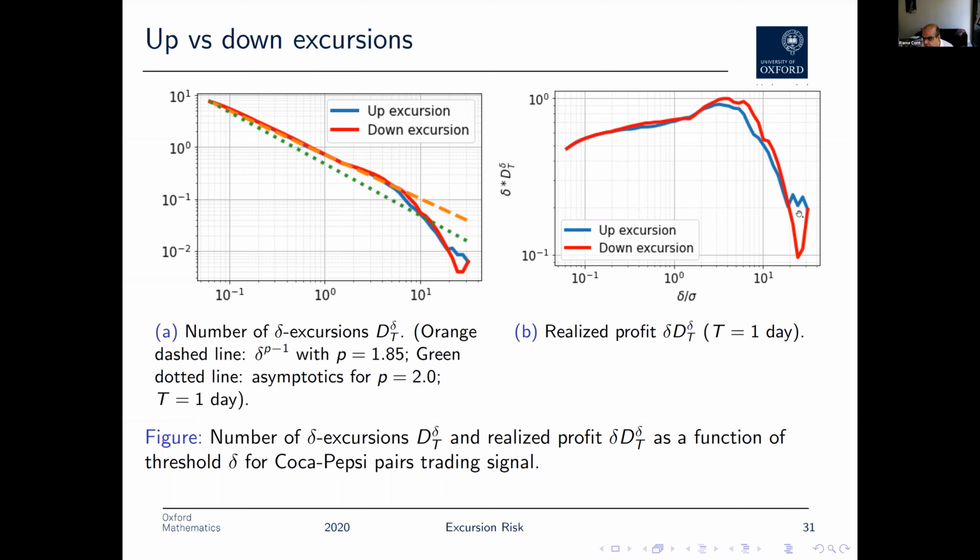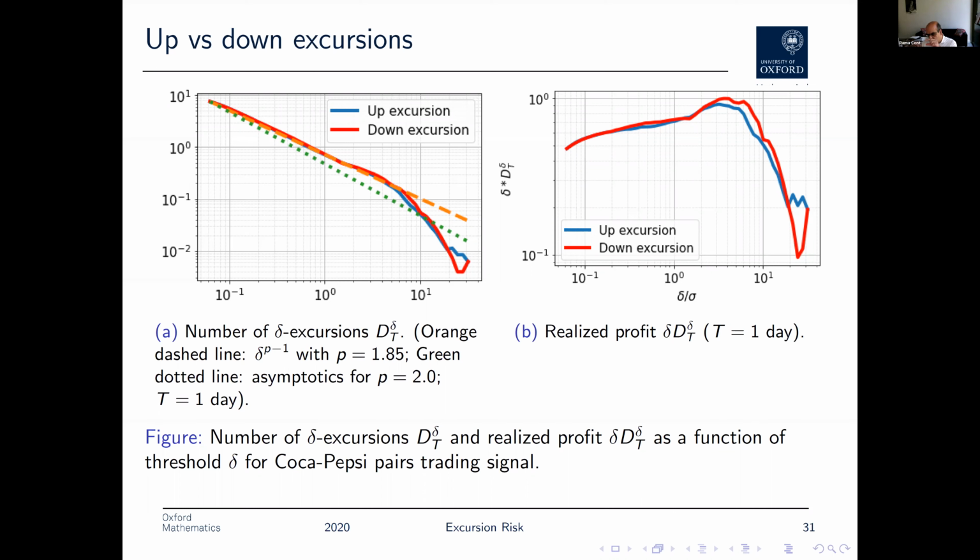They're slightly different, but when delta goes to 0, they behave similarly, because you have an interval plus or minus delta around 0. If delta is very small, it's very difficult for the signal to oscillate without crossing on both sides.